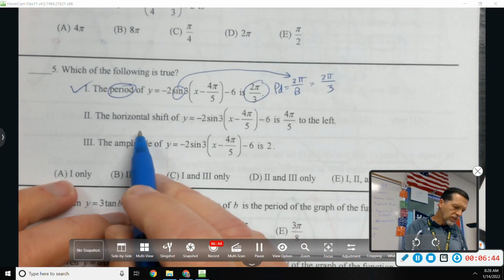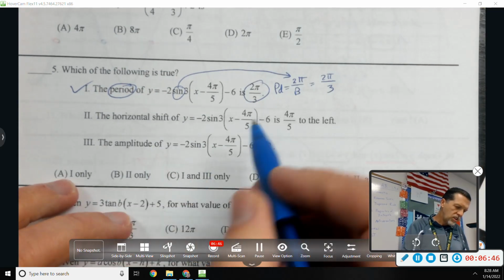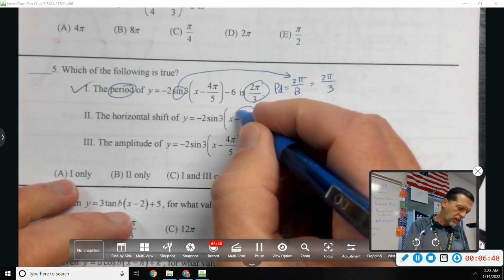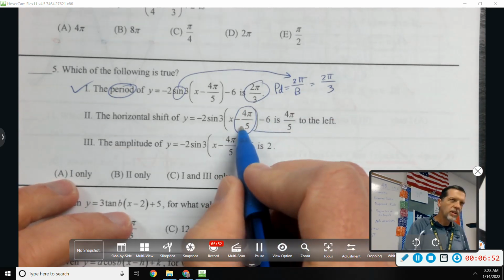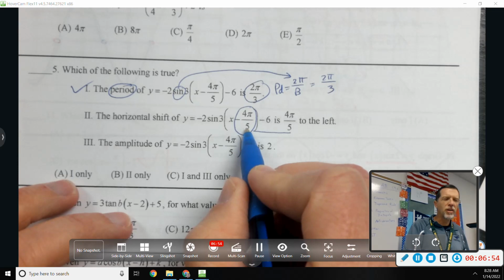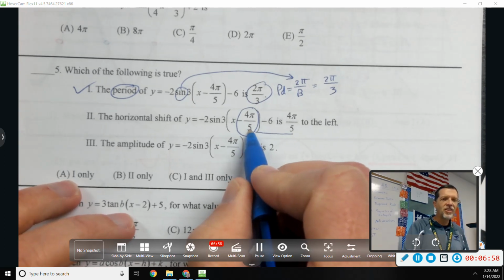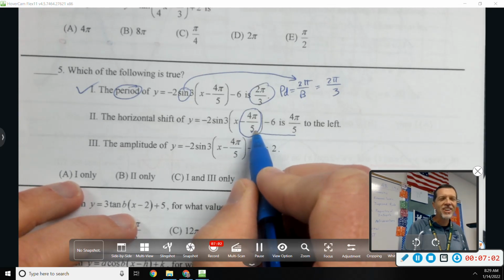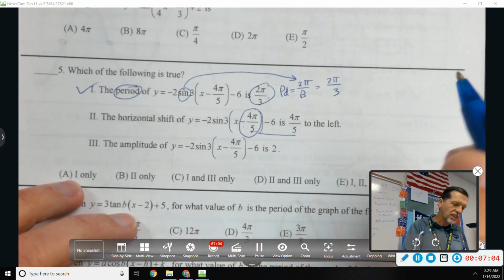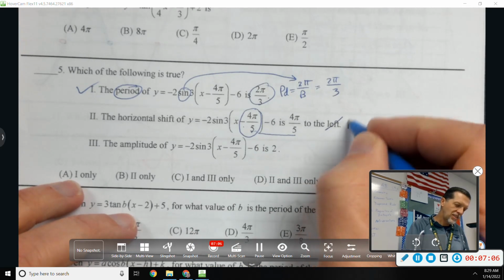The horizontal shift is 4 pi over 5 to the... What's x minus 4 pi over 5 do? Jason, you asked this question. Which way does it go for subtracting? Oh, it's going to go right. Yes.